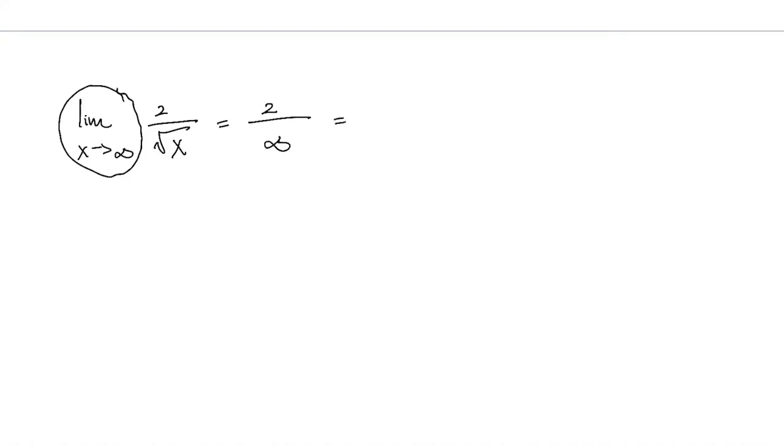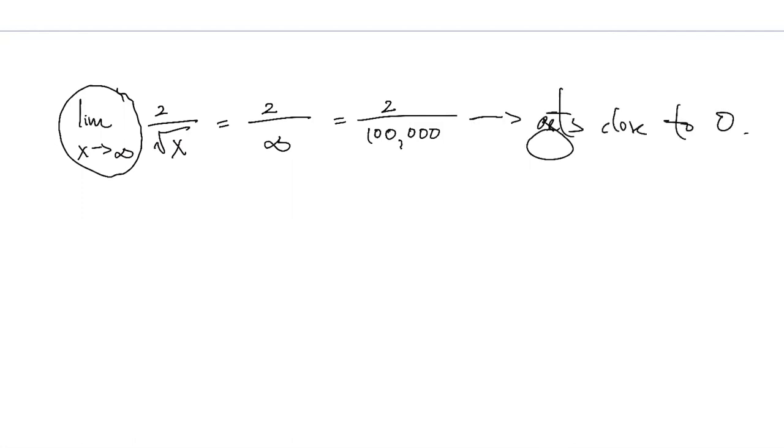So you could even think about this like 2 over, let's put in 100,000. All right, that number is getting really close to 0. It doesn't ever actually get to 0.